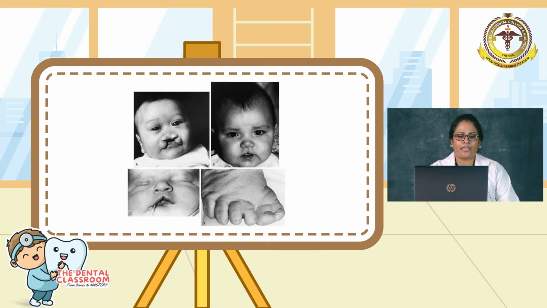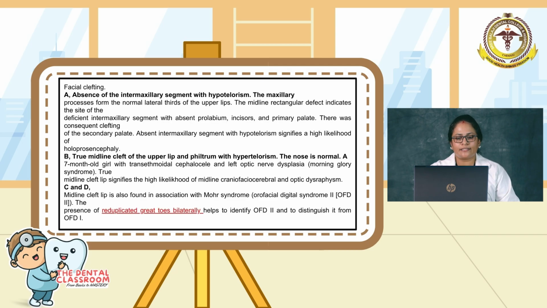In the next image, some clinical examples of midline facial clefting are shown here. In the first child, notice the absence of the intermaxillary segment leading to a wide midline gap. This results in features like absent premaxilla, incisors and primary palate along with hypotelorism, where the eyes are abnormally close together.